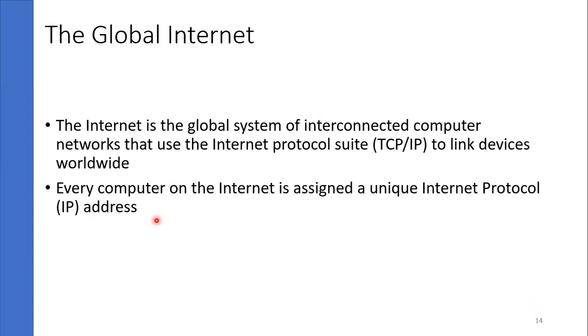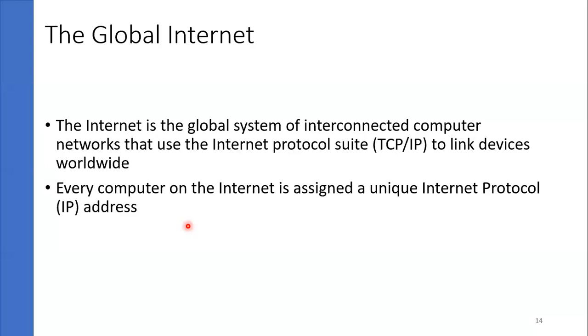Now, the question is how to identify a computer in the network. Your home can be identified by an address. Your home has a separate set of attributes to identify it. What is the city? What is the village? What is the road? What is the home number?